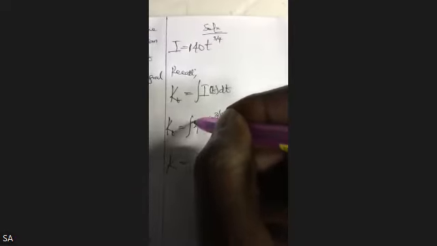So K is equal to, sorry, it's 140. I'm so sorry, please. It's 140, so I can bring this 140 out.